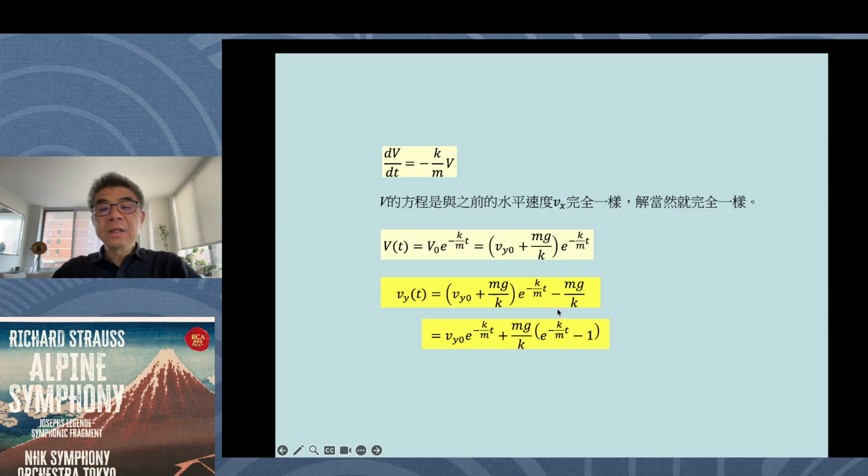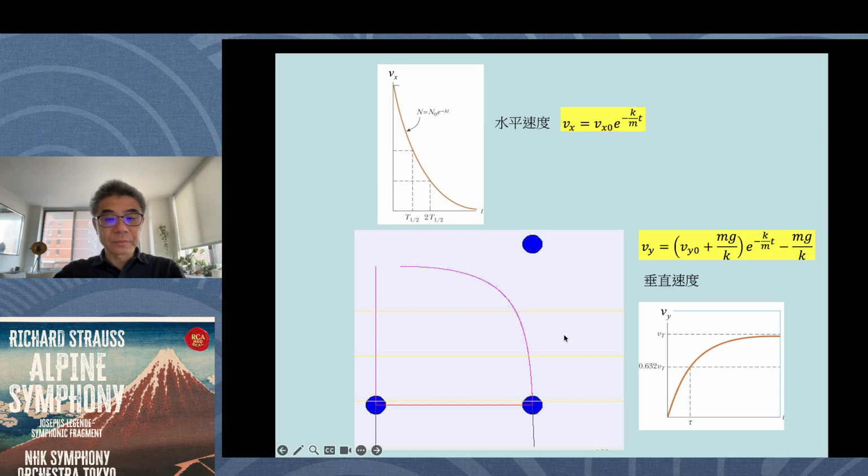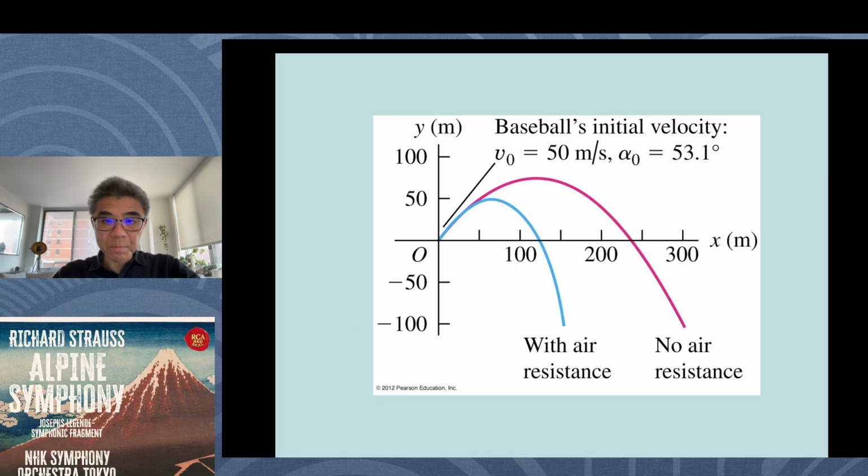Therefore, this is the solution. Here is a diagram of how the function looks, but we'll skip this part also because we are going to use a more general and more useful method to solve this equation very soon.